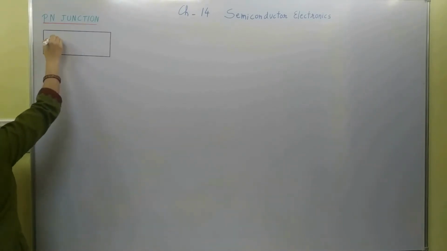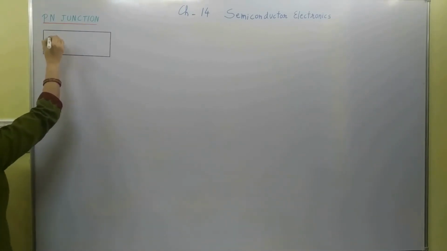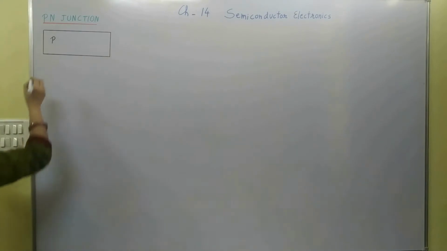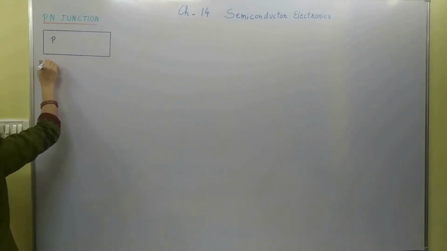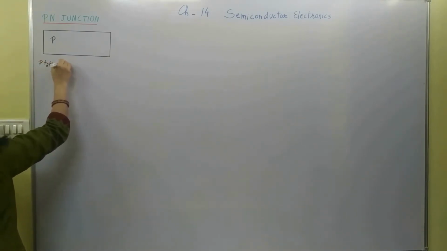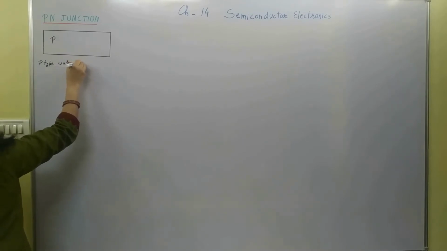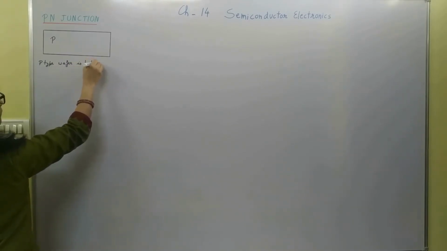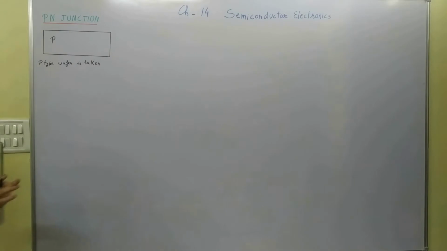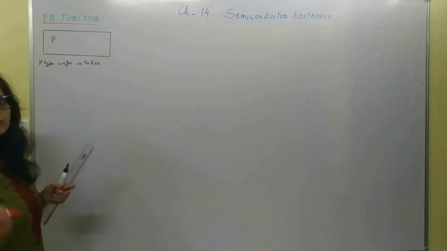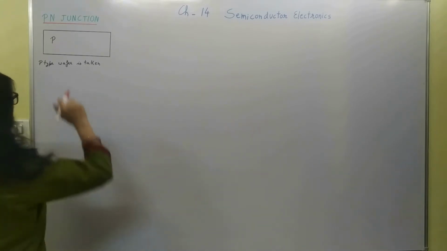So you can say that a P-type wafer is taken, and then a small amount of impurity, which is pentavalent impurity, is added to some part.